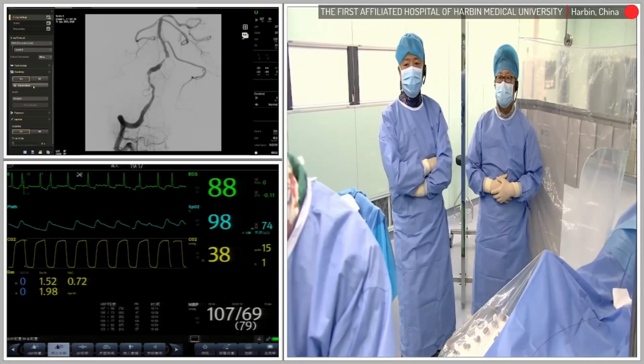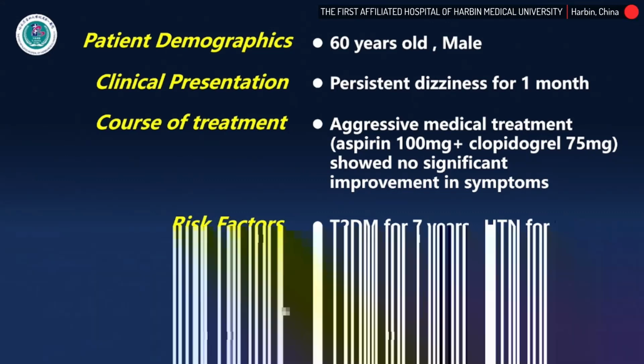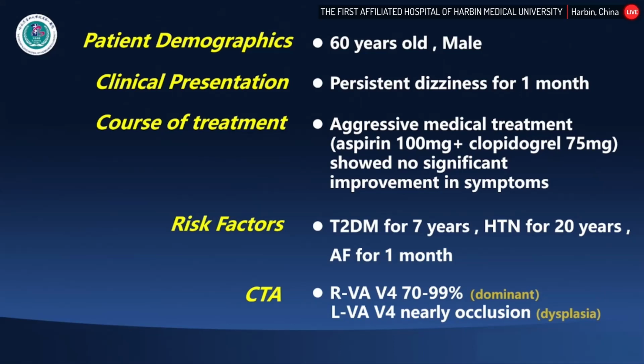Hello, everyone. Let me introduce our case. This is a 60-year-old male with persistent deafness for 1 month. We treated him with aggressive medical treatment, using aspirin and other drugs, but he showed no significant improvement in symptoms.